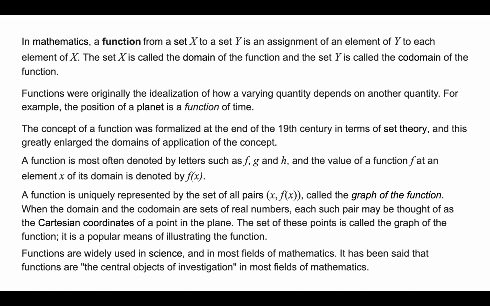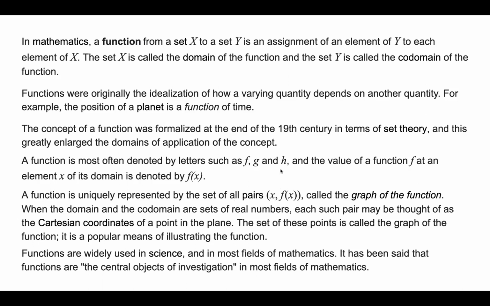A function is most often denoted by letters such as f, g, and h, and the value of a function f at an element x of its domain is denoted by f of x. A function is uniquely represented by the set of all pairs x, f of x.